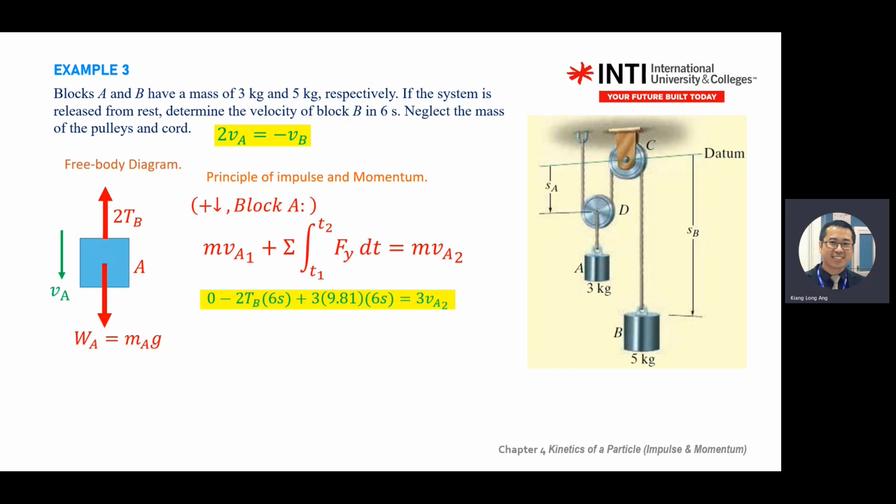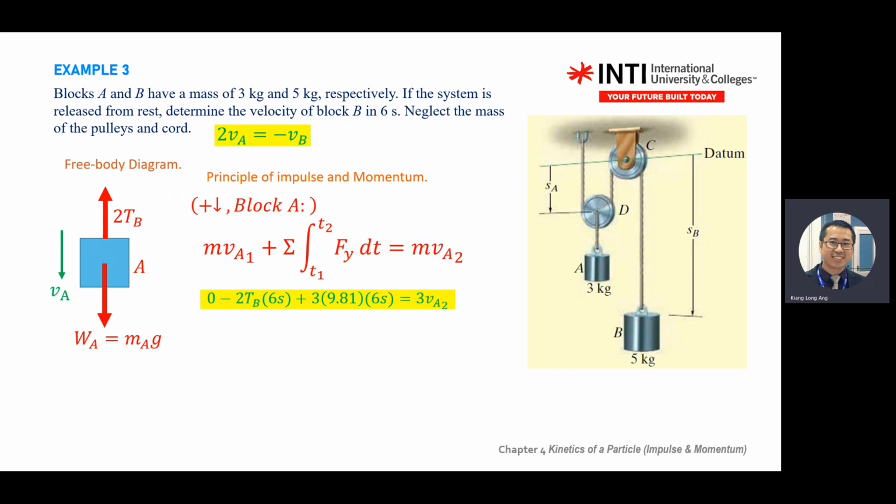So each one you have impulse. So for the force W, go up. Here you have a negative because the direction positive is go down, referring to the datum. Don't confuse yourself. So here, go up is negative because of the datum. So you have negative 2 TB multiplied by the time.